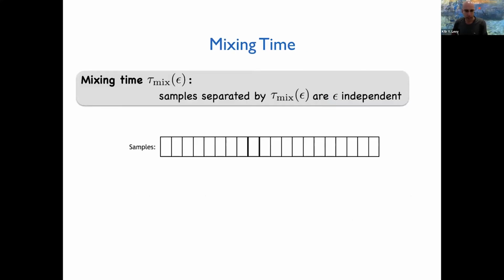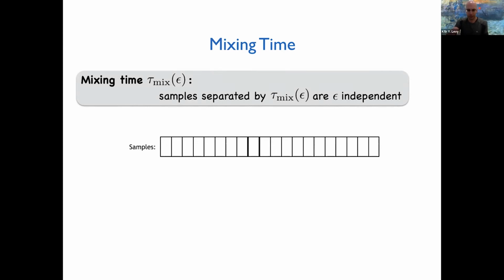One very important property of Markov chains for today's discussion is the mixing time. Roughly speaking, the mixing time of a chain, denoted tau mix, is the number of samples we have to wait until two samples are effectively independent of each other.